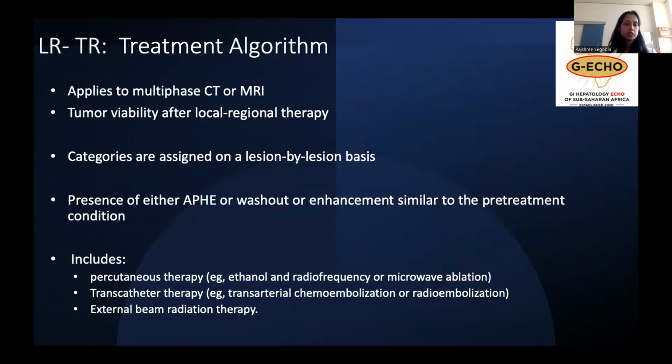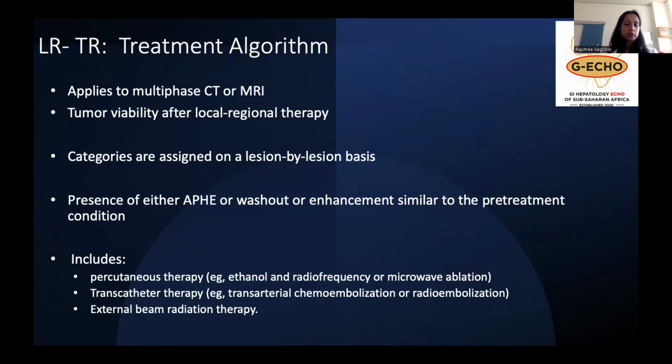Moving on to the treatment algorithms. So the treatment algorithms apply to multiphase CT or MR and essentially aim to detect tumor viability after locoregional therapy. And the categories are assigned on a lesion-by-lesion basis and are basically classified on the presence of either arterial phase hyperenhancement or washout or enhancement similar to pre-treatment imaging.